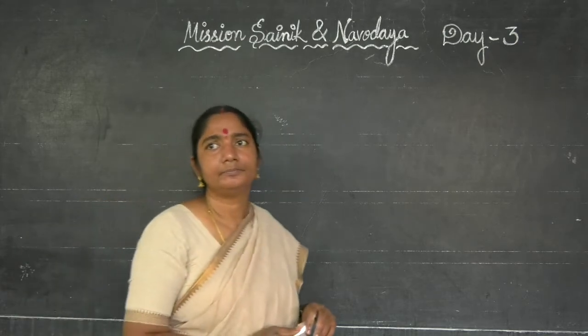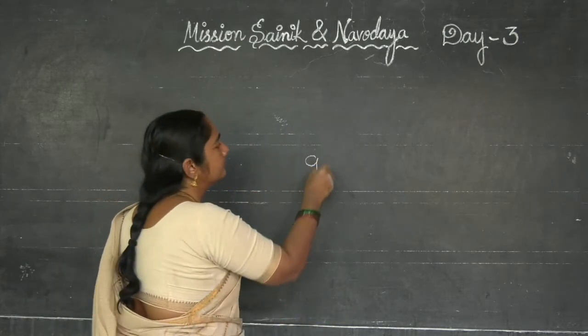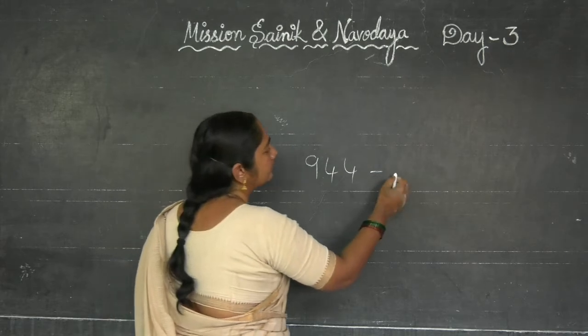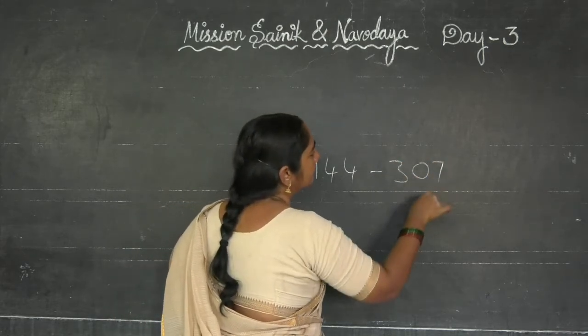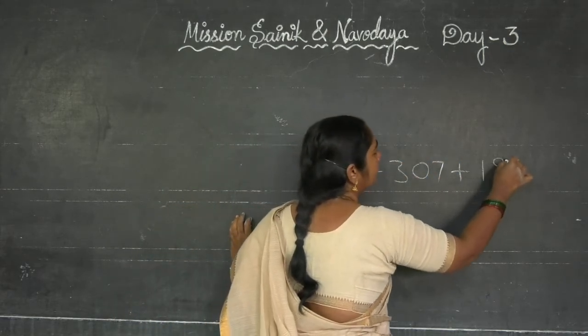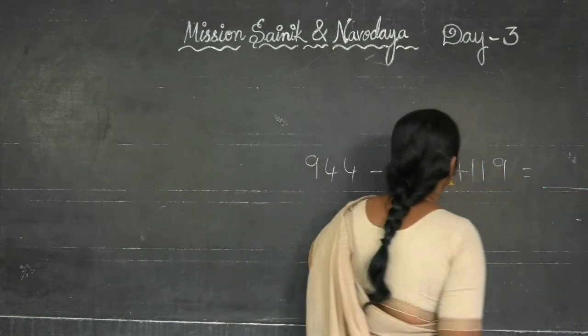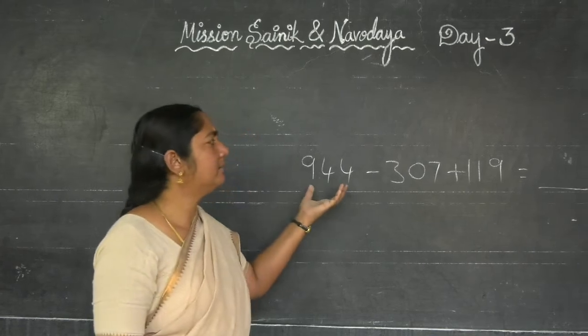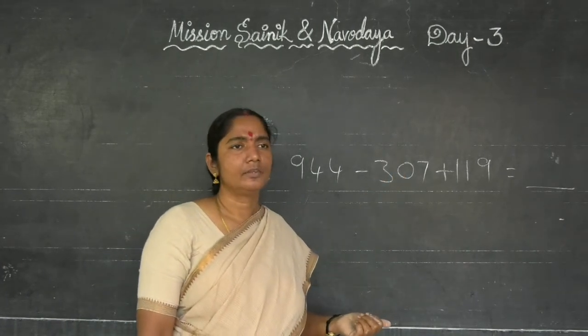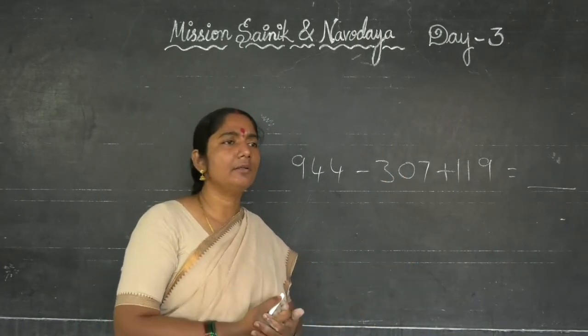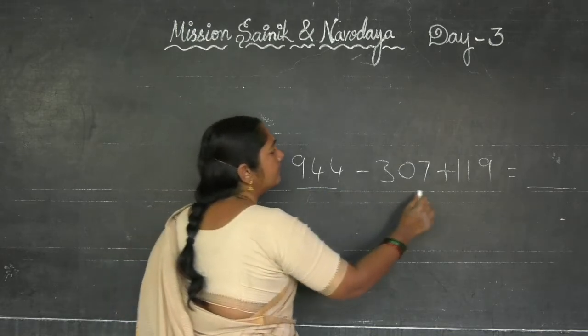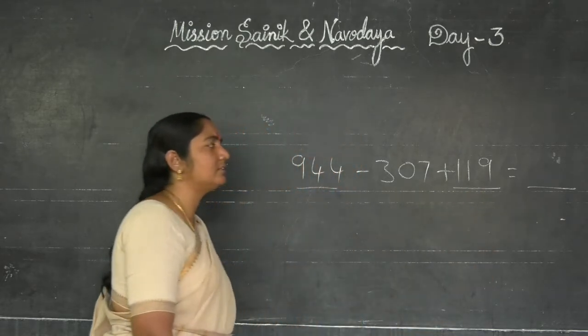Next. 944 minus 307 plus 119 is equal to dash. It is simple, but it involves addition and subtraction. Whenever there is such a kind of expression, always add all the positive numbers first.